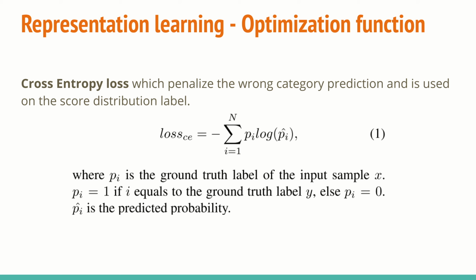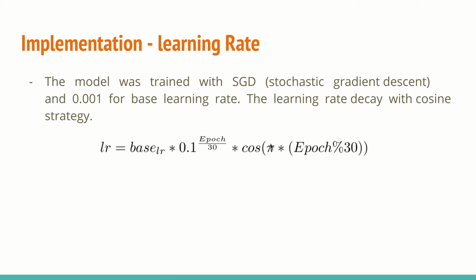Cross entropy loss is one of the most popular loss functions used in machine learning. This is the formula. About the implementation, firstly I will talk about the learning rate. I use a base learning rate of 0.001 and the learning rate decay strategy with the cosine strategy.